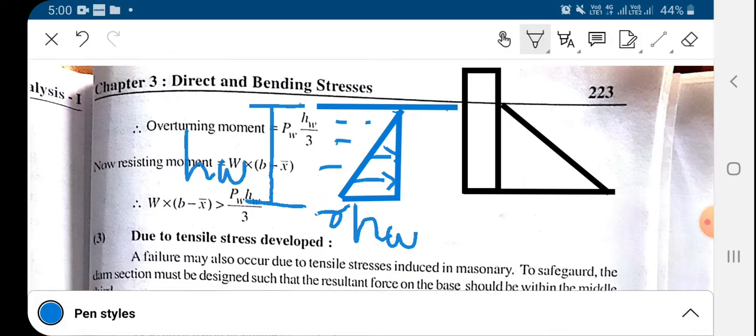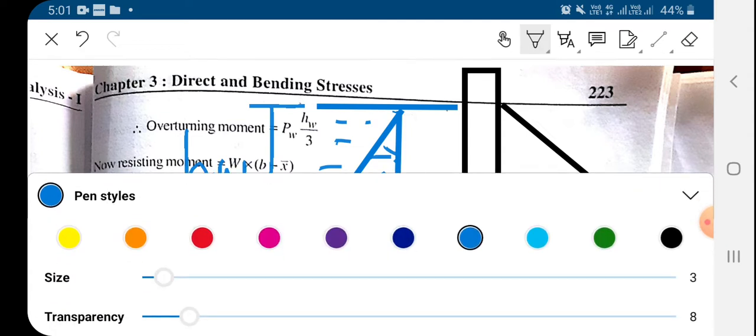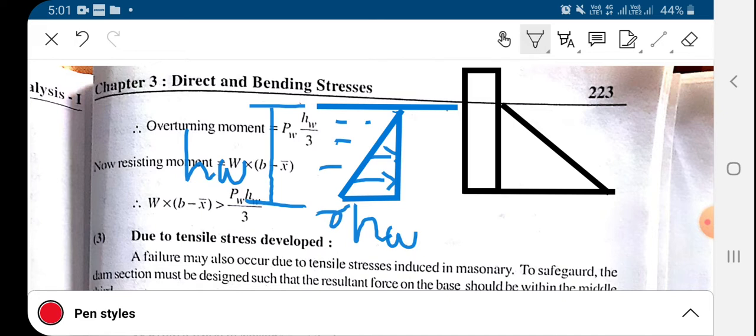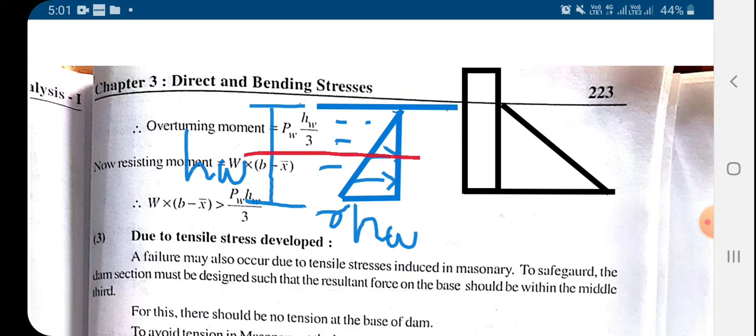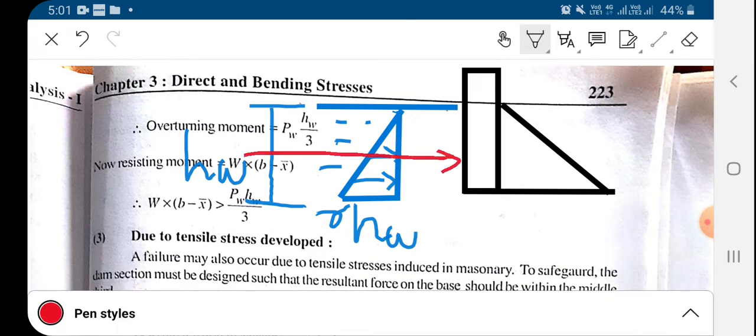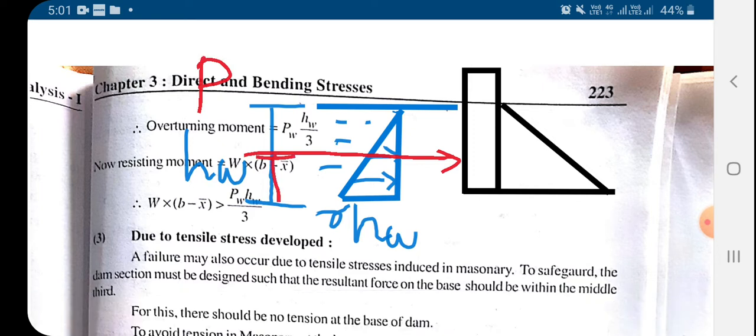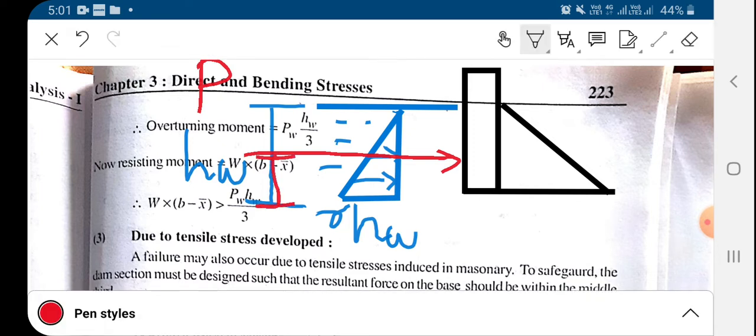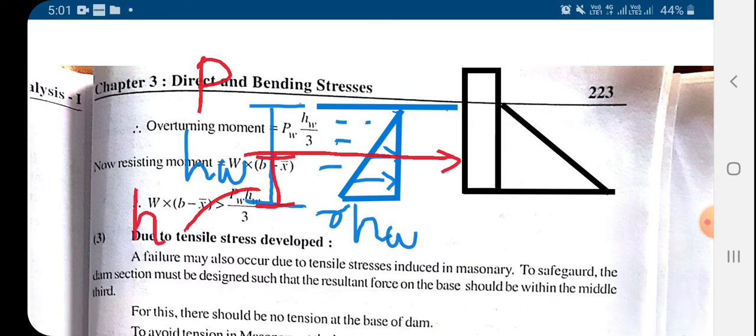So the total pressure acting on the dam body will be your capital P, and it will be acting at this height, that is HW by 3.